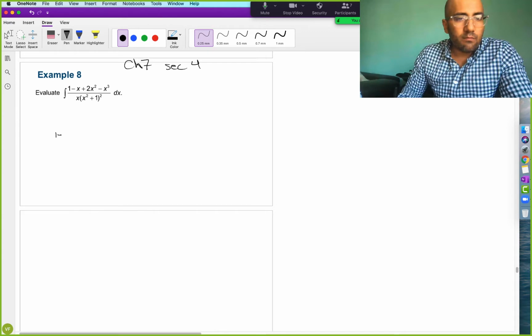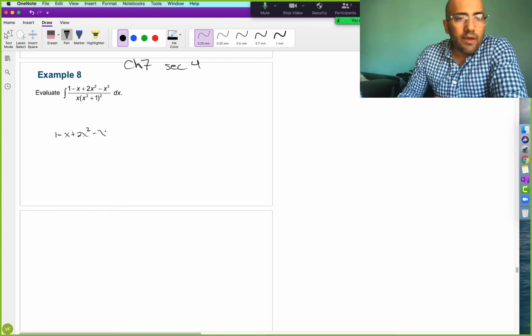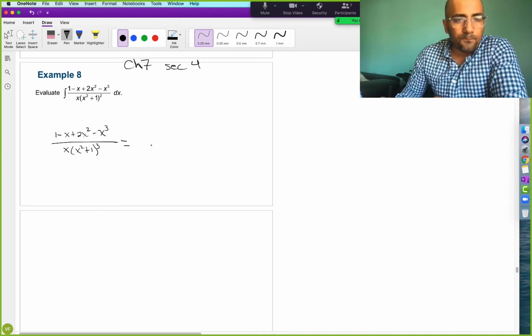I have 1 minus x plus 2x squared minus x to the third power all over x squared plus 1 to the third power. Okay, so as per the patterns for partial fraction decompositions, this guy is linear, this guy is quadratic, right?